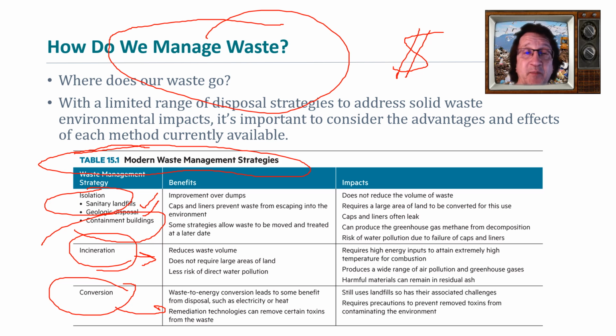We can't be dumping waste far away. It has to be convenient. So this is what goes into decision making when we look at how we dump waste, where we dump waste. And I know when I was interviewing for a job in Key West, I discovered that their waste has to be incinerated. They have no place to put it. They have no landfills on any of the key islands that would take it.